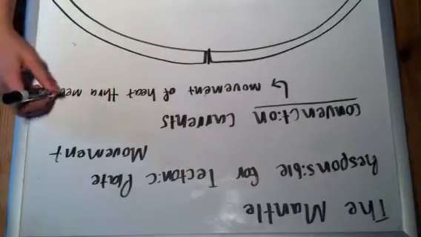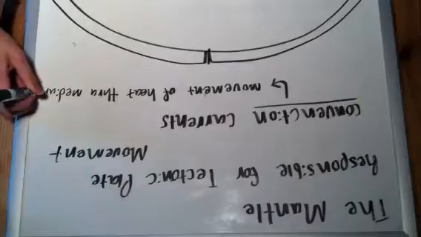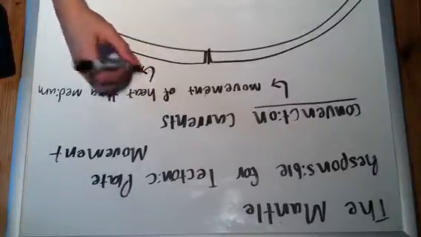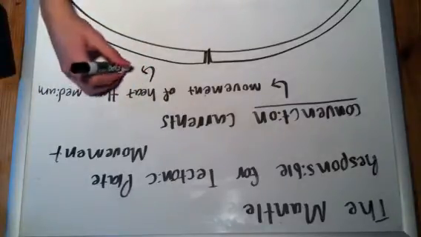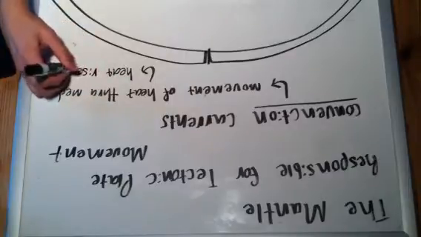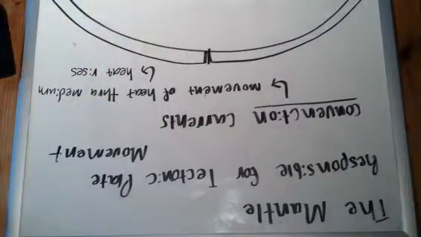Usually air, but in this case, the mantle material. And the key concept with convection is that heat rises.